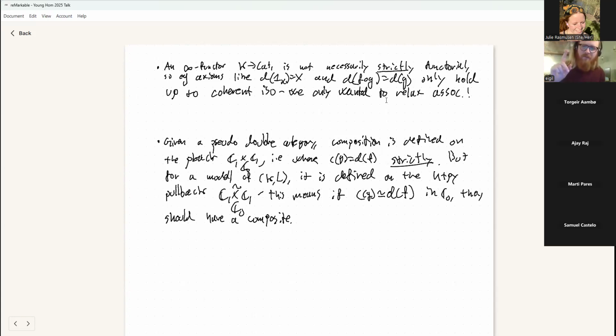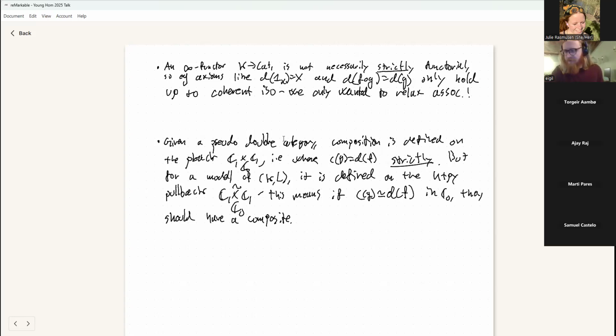What I mean is that a pseudo double category still has strictly defined composition, and the domain of the unit morphism is equal to the object you started with, not just isomorphic. So this is not really a problem.